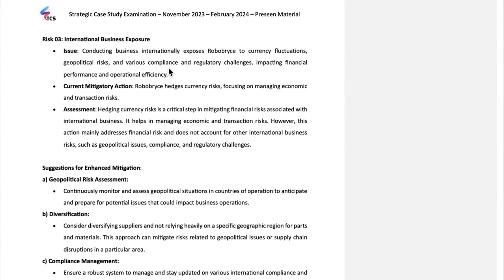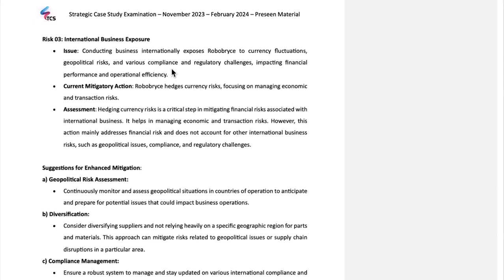So the company had identified, given the fact that we are involved with international operations, that we are exposed to 3 different types of risks. What are these risks? We are exposed to currency fluctuations, geopolitical risks, and compliance and regulatory challenges.